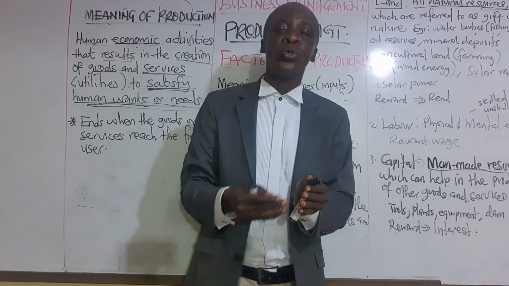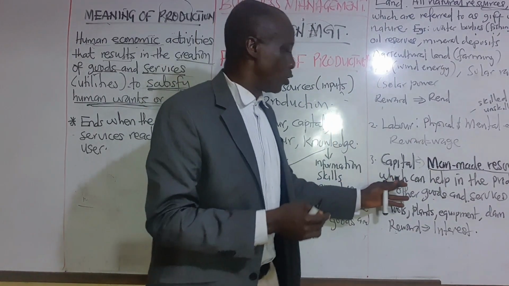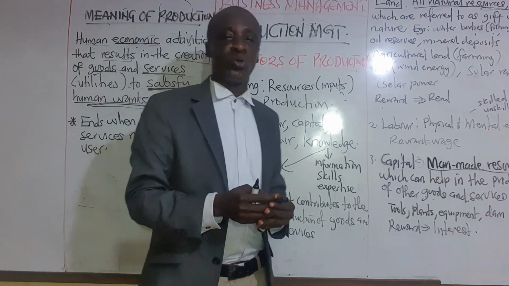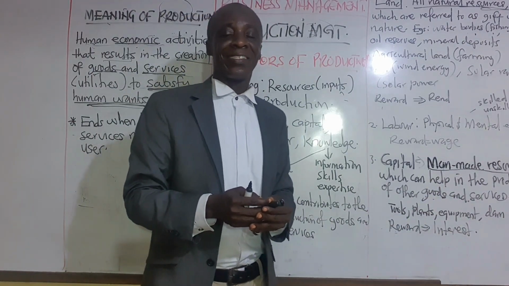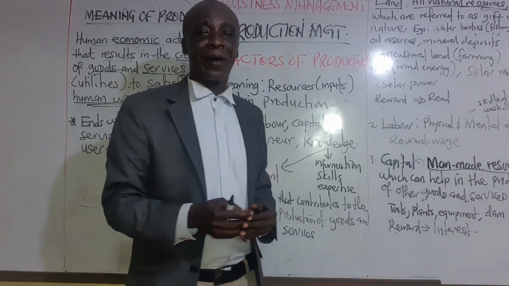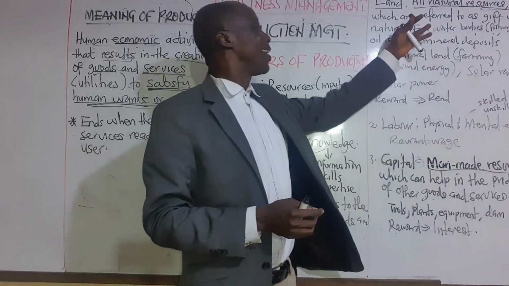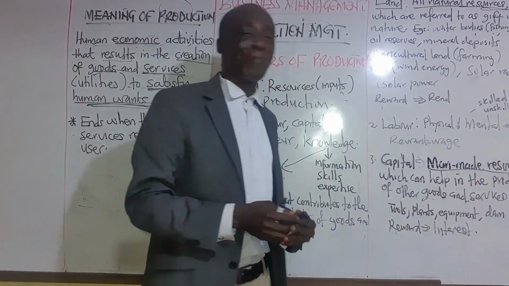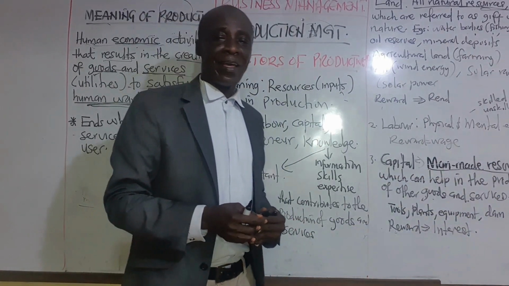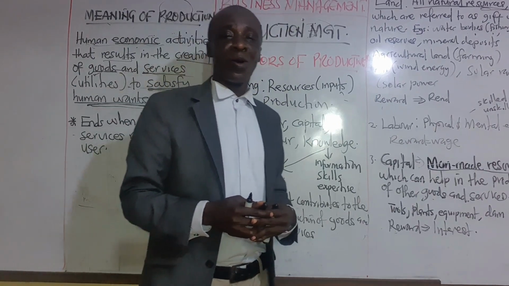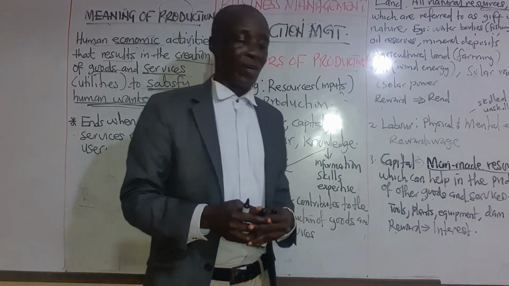So it is used to help in the production of other goods and then services. So that is what capital is all about. It is man-made. Land is natural. Capital is man-made, and it can help in the production of other goods or services.